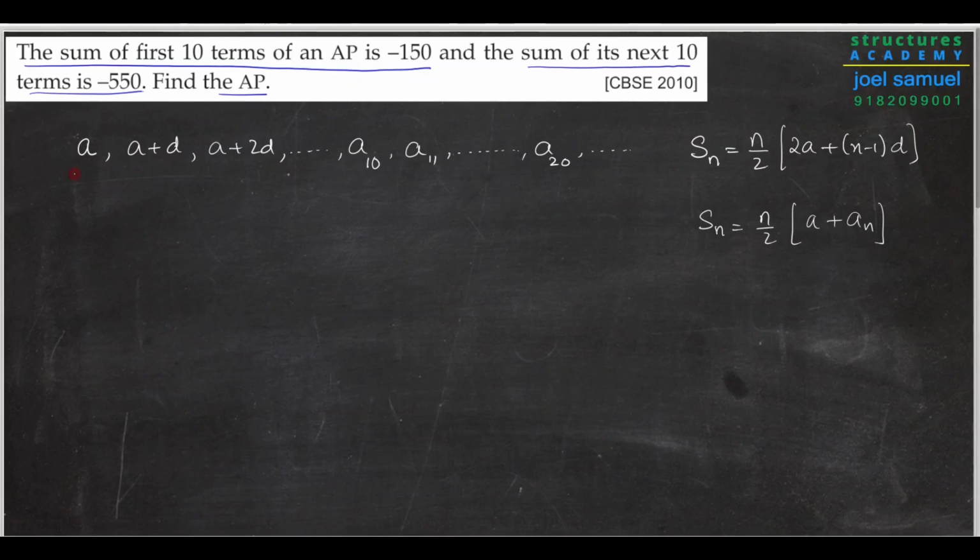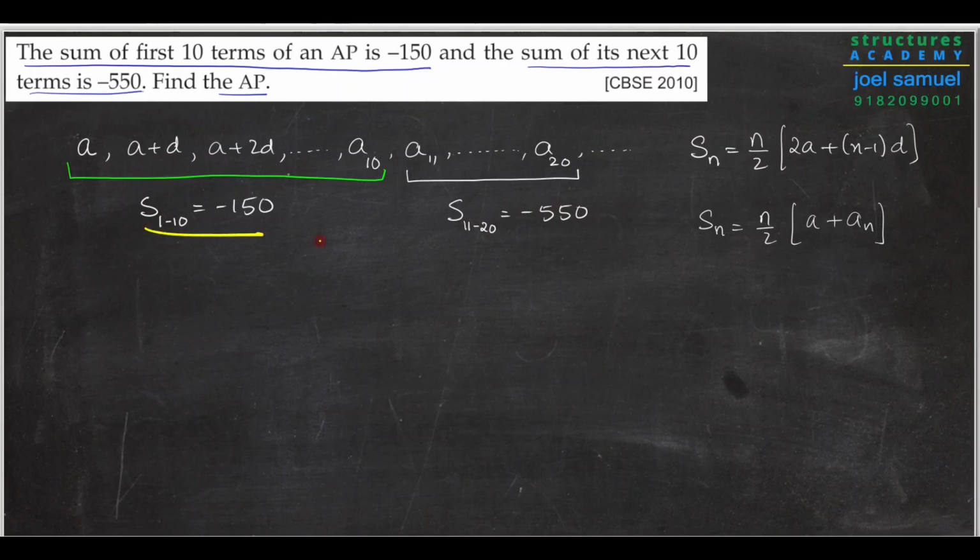Now what is given here is the sum of these first 10 terms, S1 to 10, and that is negative 150, and the sum of the next 10 terms, let's say S11 to 20, that is negative 550.